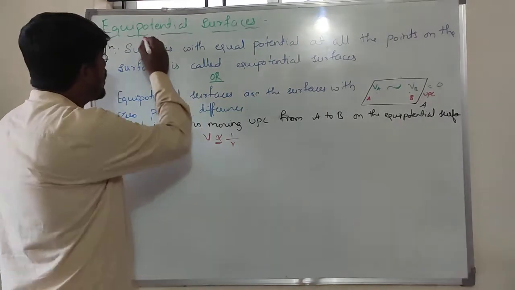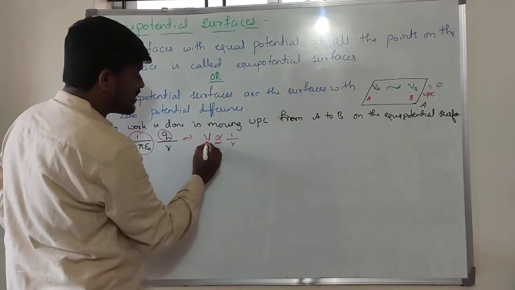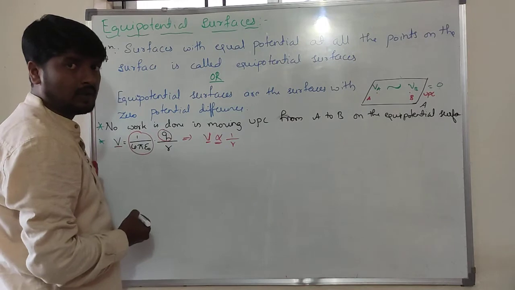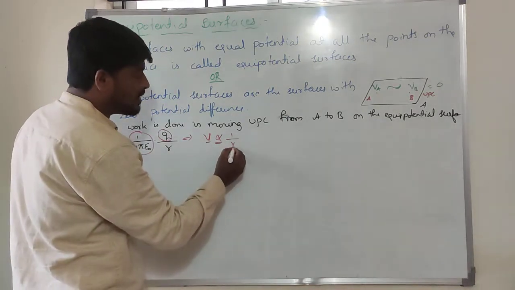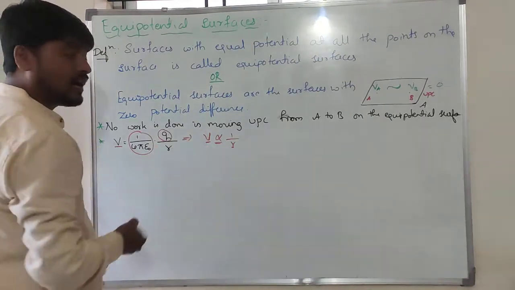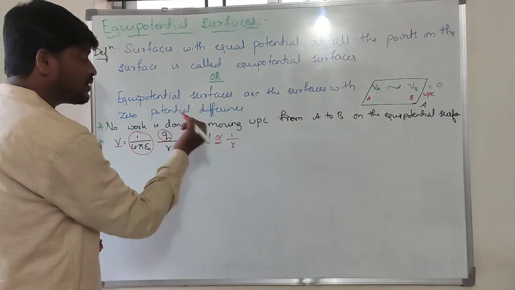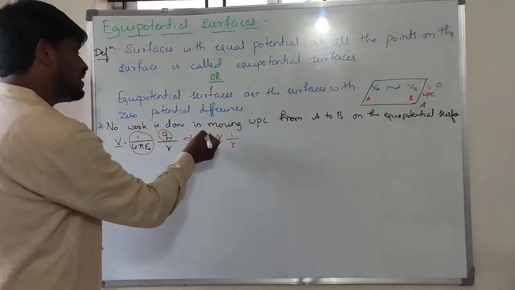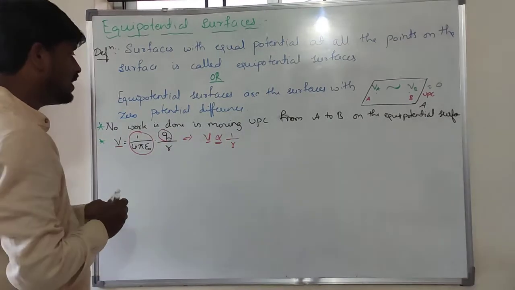But here, according to the definition of an equipotential surface, V is constant. If V is the same, then obviously R is the same, because if V is not variable, R is also not variable.